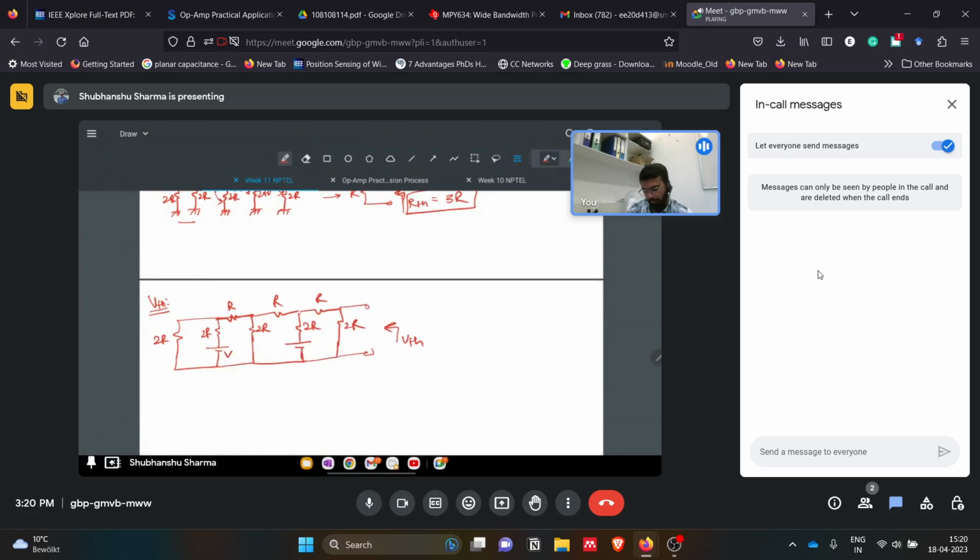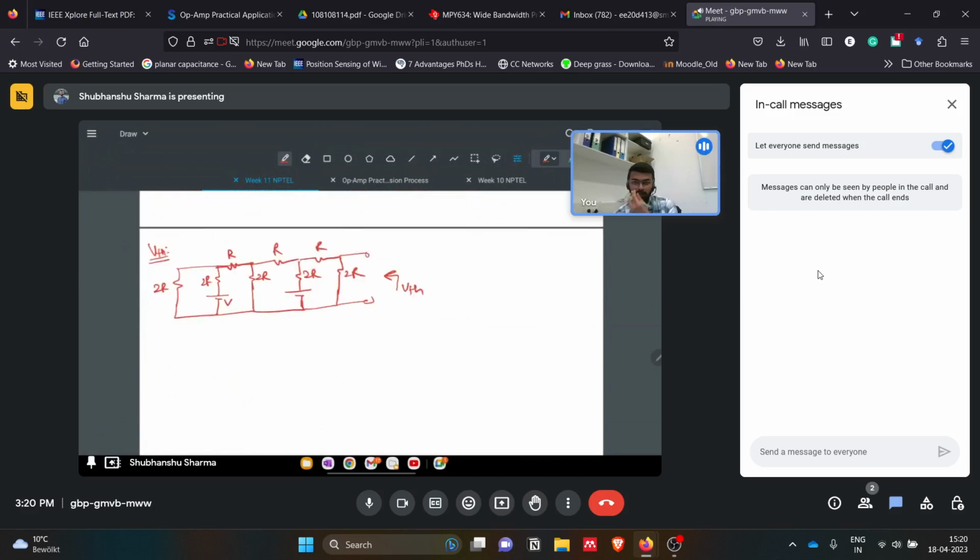Okay, so to solve, I will use the voltage to current source conversion technique. You can use nodal, whatever you want, whichever you find easy, just to calculate the Thevenin voltage. So for me, first these two will come in parallel, it will become R. This will convert into a current source, it will be V by 2R.